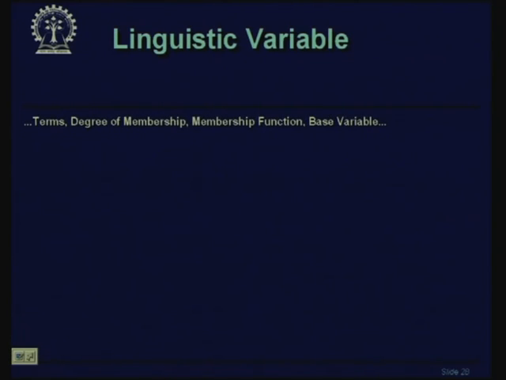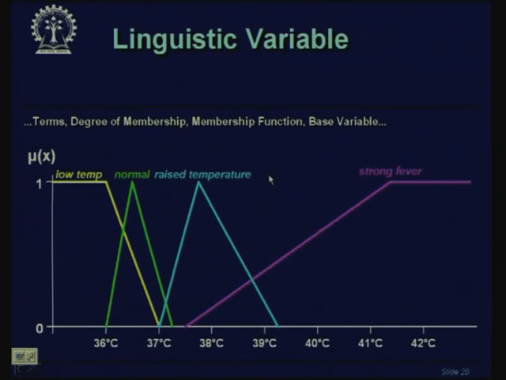Now, linguistic variables can be of different types. Usually they are terms, and associated with every term we have a degree of membership, which you have seen, and that degree of membership can be computed through a membership function and some base variables. Now, here is an interesting curve.